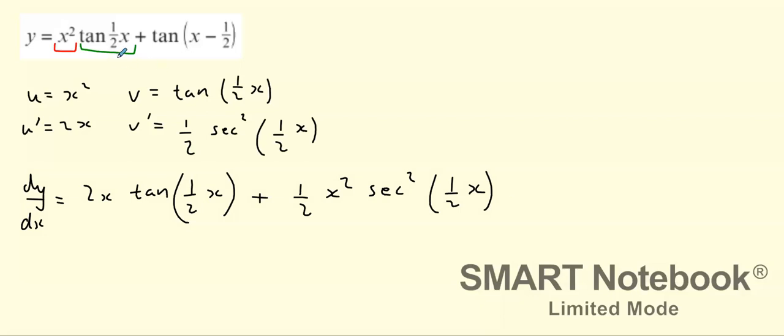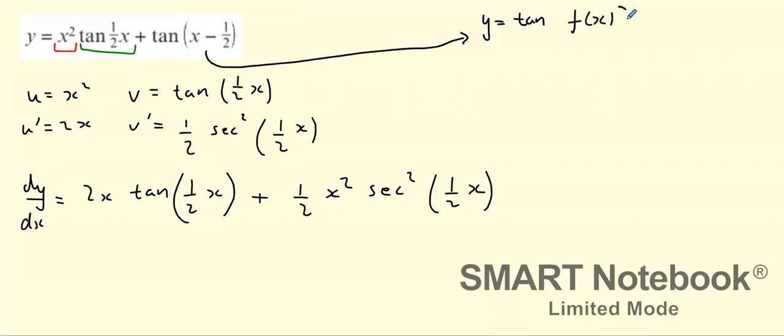And then when you differentiate tan of x minus a half, we should be using the result: if y equals tan f of x, dy by dx equals f dash of x sec squared f of x.